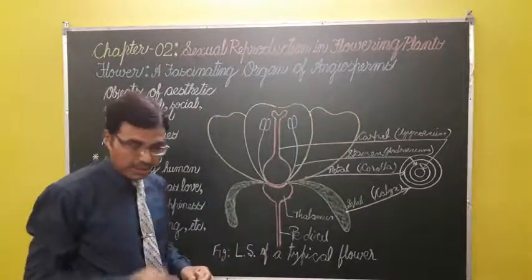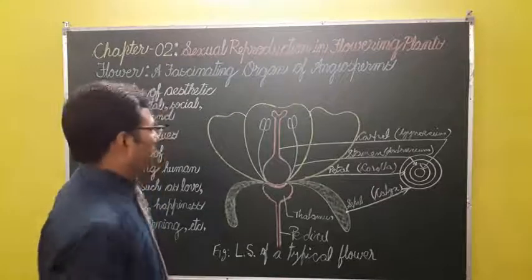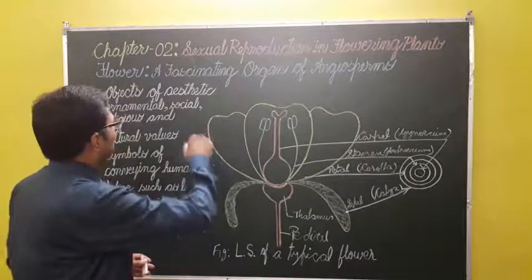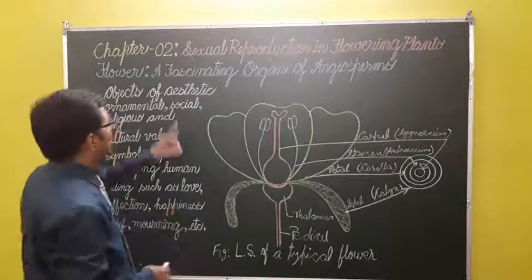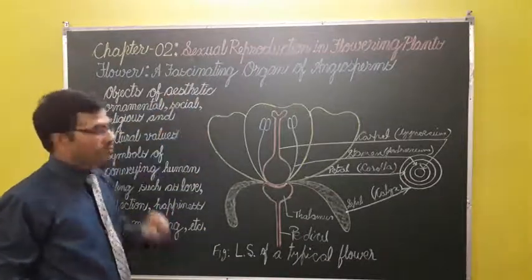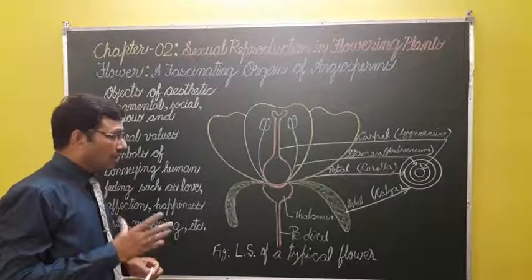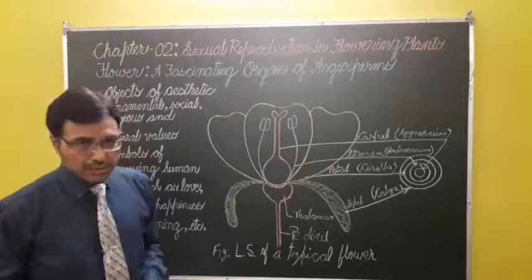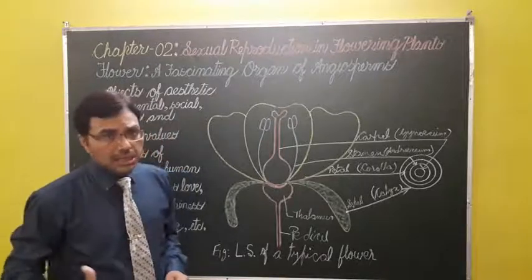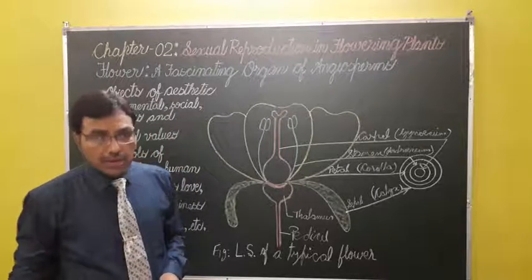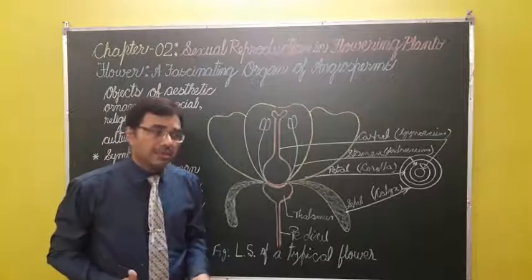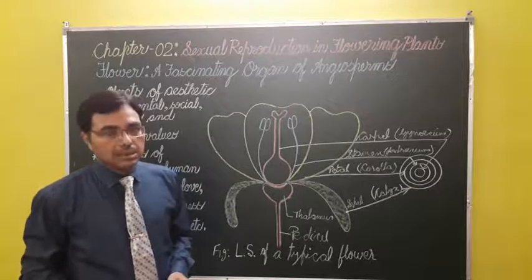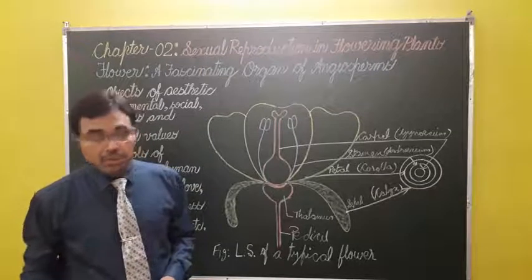Now, students, concentrate. In this flower, just concentrate on the name of the chapter. Sexual reproduction in flowering plants. Means flowering plants normally exhibit sexual reproduction. Why? Because they have flowers. And why? Because in flowers, the sex organs are there. The male sex organs and the female sex organs.